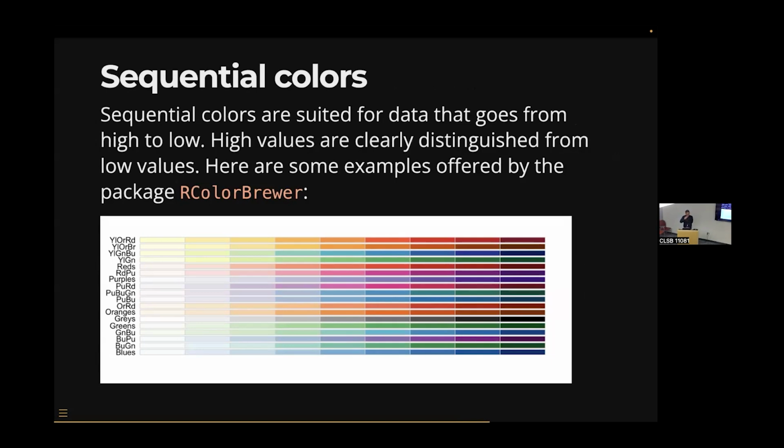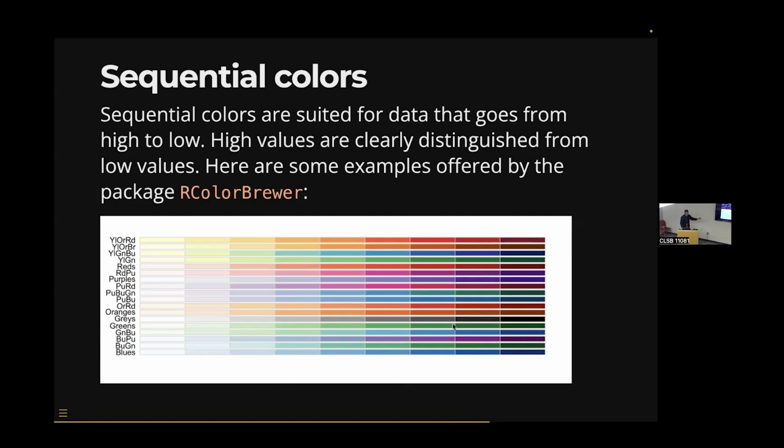There's when we're showing numbers that go from low to high. Those are called sequentials. And there's palettes that are good for that. This all comes from psychology studies. So sequential colors, these are palettes that have been determined by psychologists that are good. And they go from a low value to a high value. So you have blue, very, very light blue, to very, very dark, for example. There's others you can pick. This is from the RColorBrewer package, which is still great.